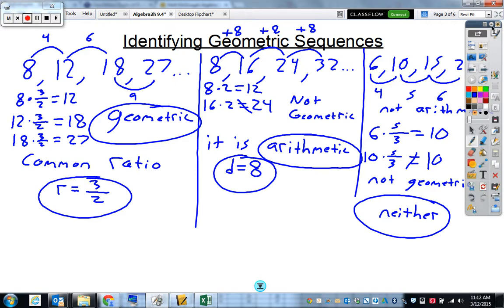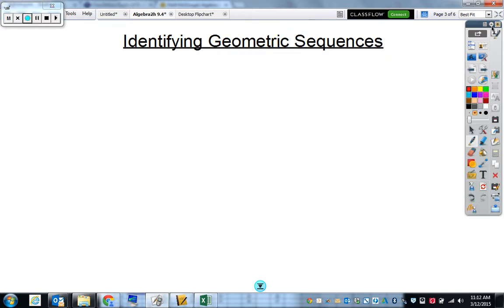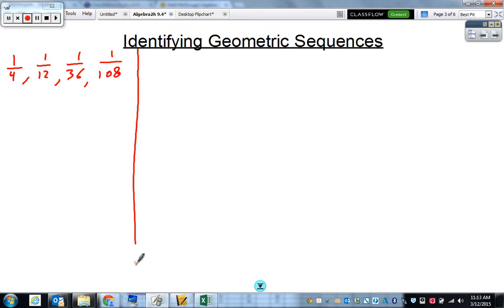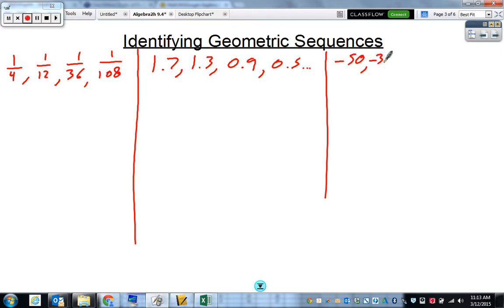Let's try a couple more of those. I have 1/4, 1/12, and 1/36.